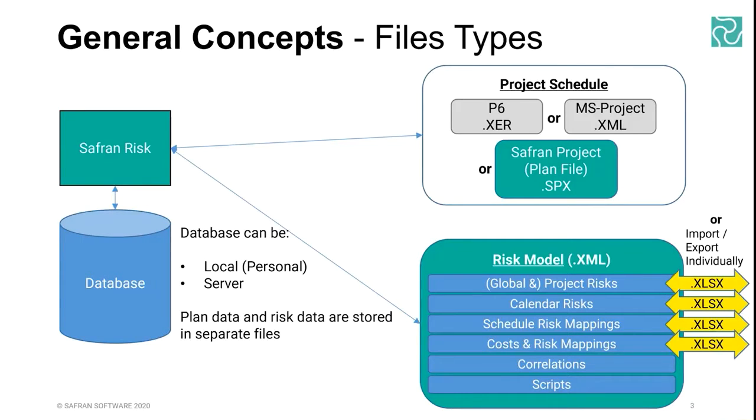Of those, you can individually import and export your global or project registers, your calendar risks, and your various risk mappings, so those can come in and out of the system as individual files. However, because it's easier, you might want to just send a whole bundle. Correlations don't have that functionality, so they could potentially break if you didn't have all the component parts, which is why it's important to save it as part of the full risk model.